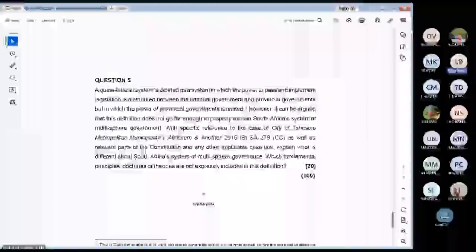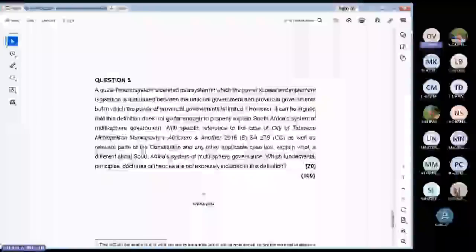And organizations like the Chapter 9 institutions, the Electoral Commission, the South African Human Rights Commission, the Gender Commission, and yes, that's just the quasi-federal system, right?